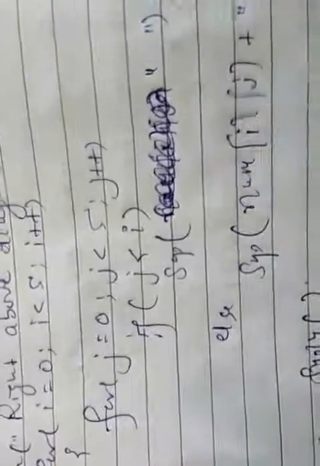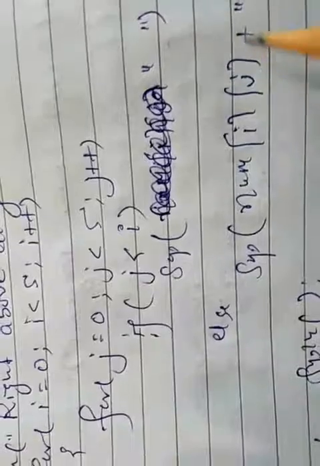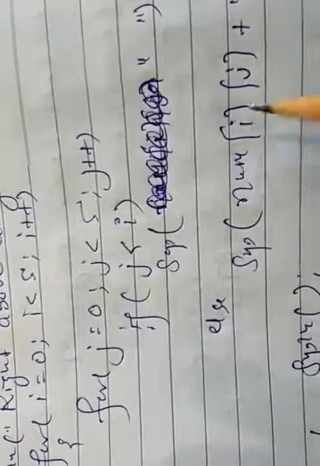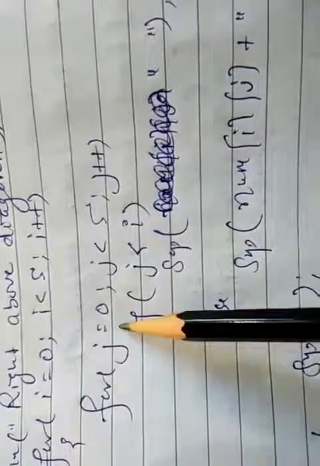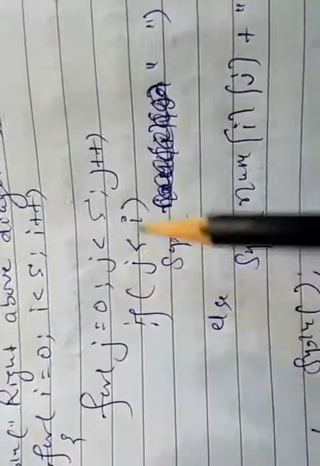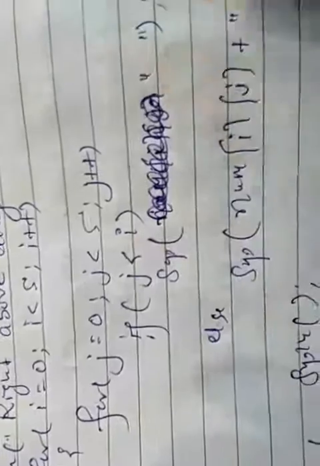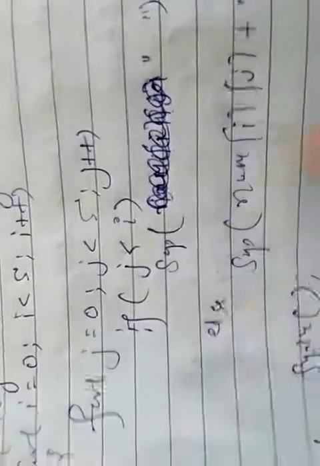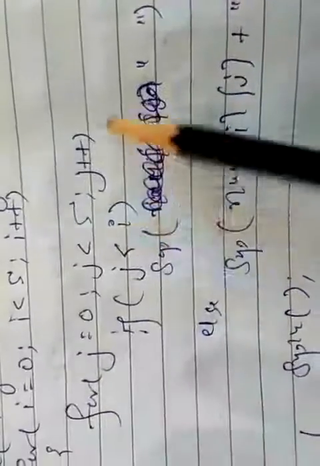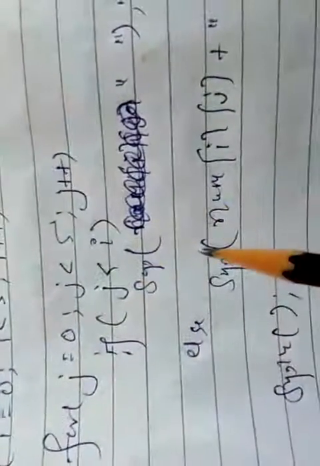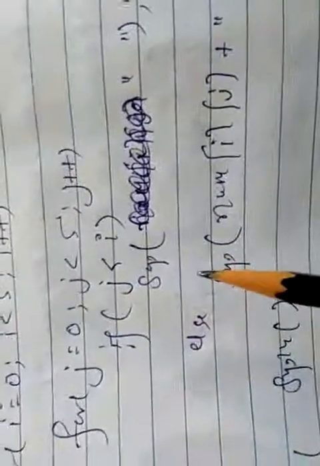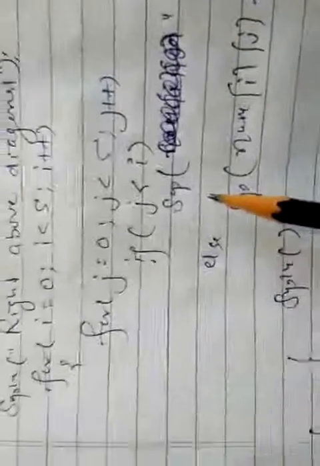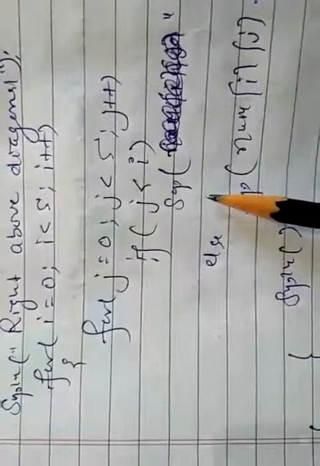In all the cases the else part will execute, so this will print the complete first row. When i will be 1, then j starts from 0. So only one time the condition will be true, so this will print one space first, and after that the condition will be false. So this will print the next 4 values of the matrix. Similarly, this will print the complete right above diagonal.